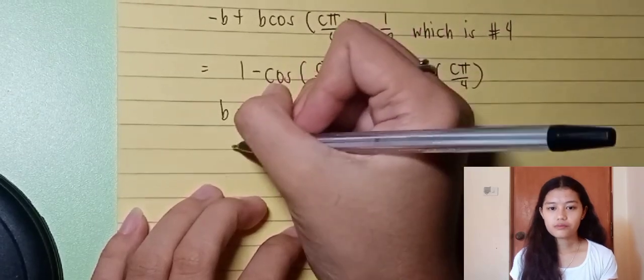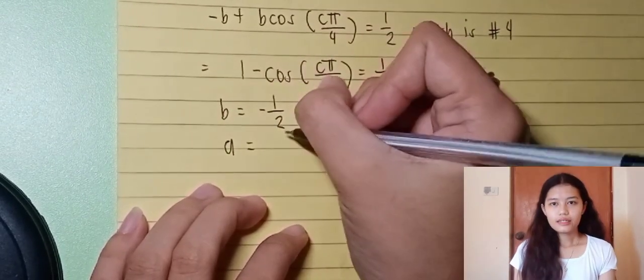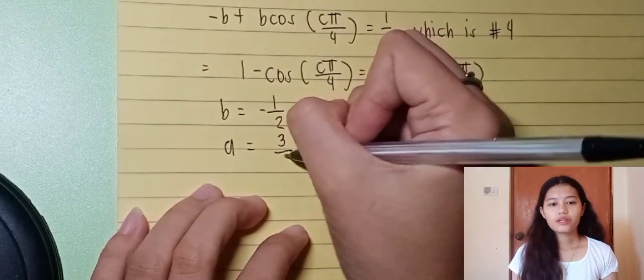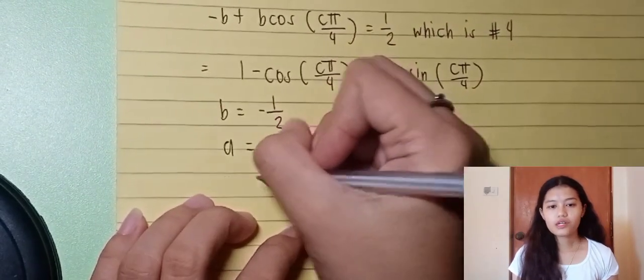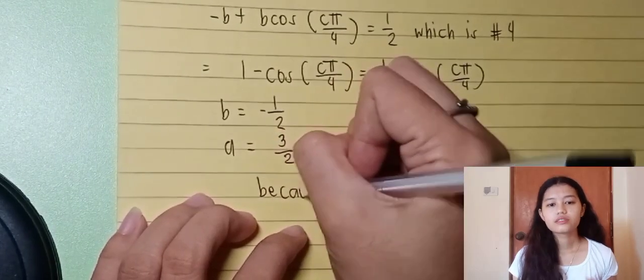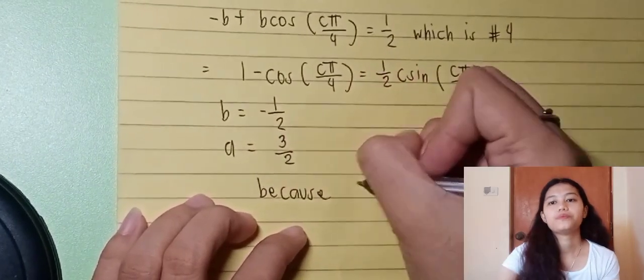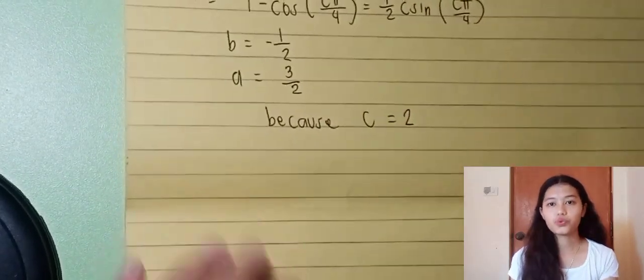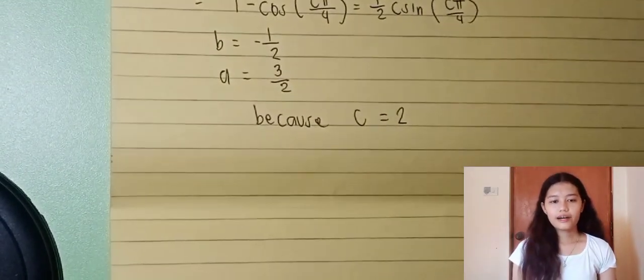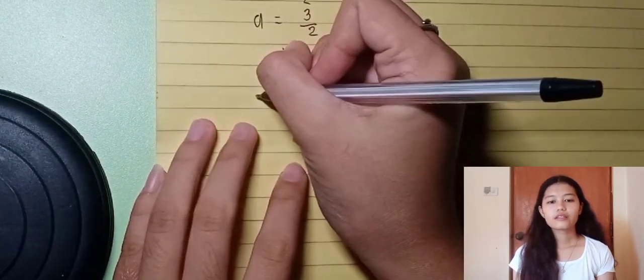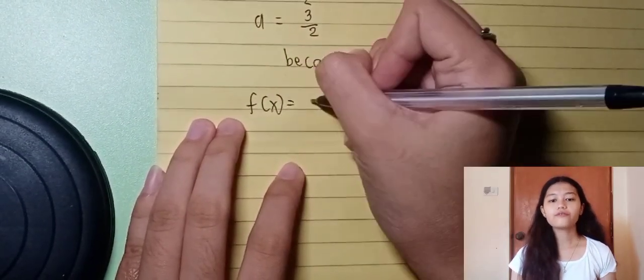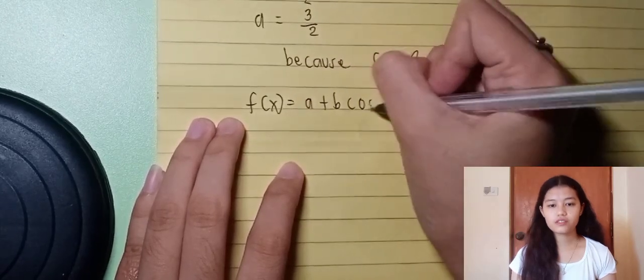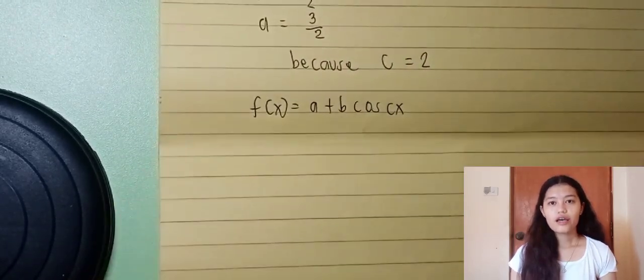So if we substitute it, now we will get b = -1/2, and a = 3/2. And now, I will write the function of the form f(x) = a + b cos(cx).